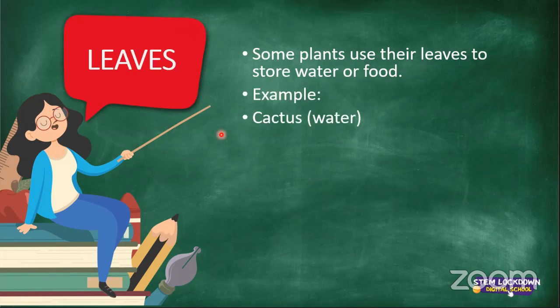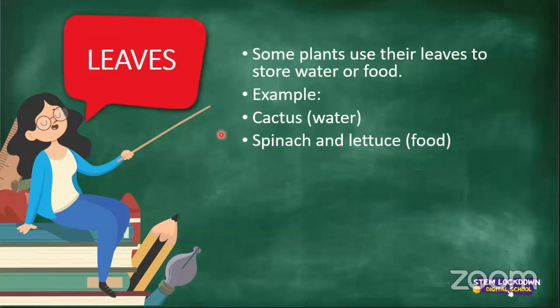Let me give you an example of a cactus. A cactus stores water. That is why, if you have a little cactus plant, you don't need to give it water every day. And an example of a plant that stores food in its leaves: spinach and lettuce.